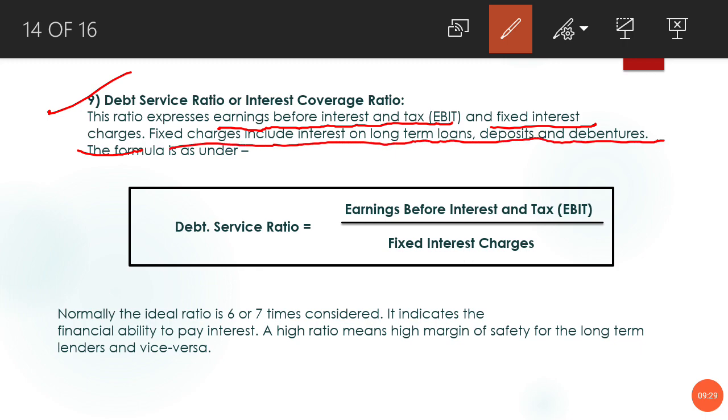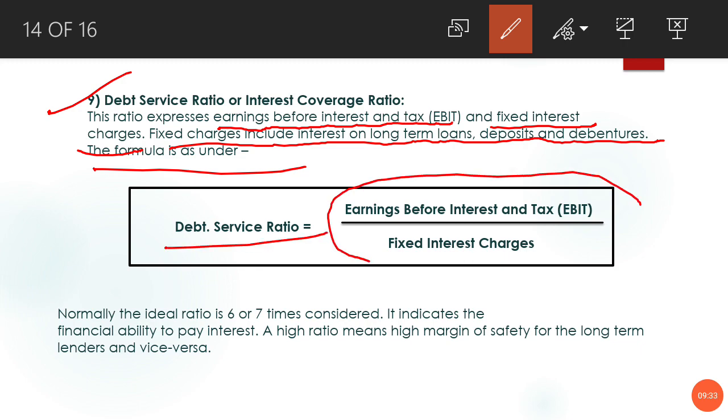The formula is debt service ratio is equal to earnings before interest and tax (EBIT) divided by fixed interest charges. Normally, the ideal ratio is considered to be 6 or 7 times. It indicates the financial ability to pay interest. A high ratio means a high margin of safety for the long-term lenders, and vice versa.